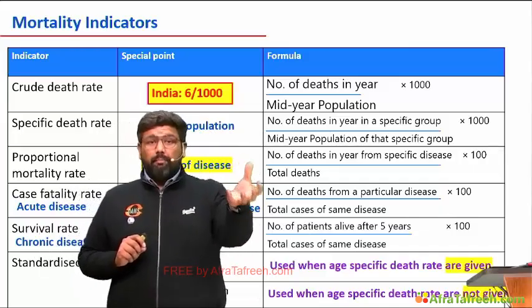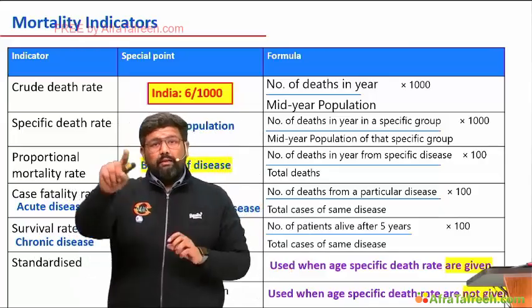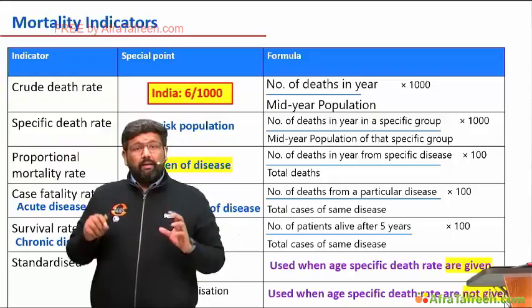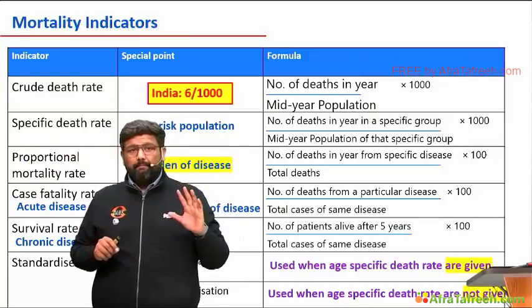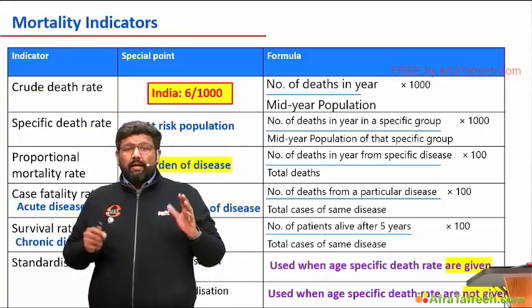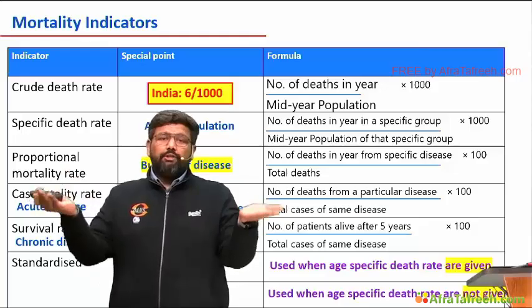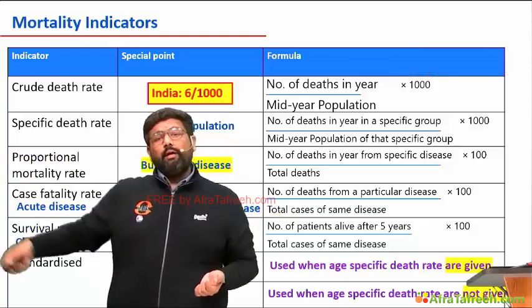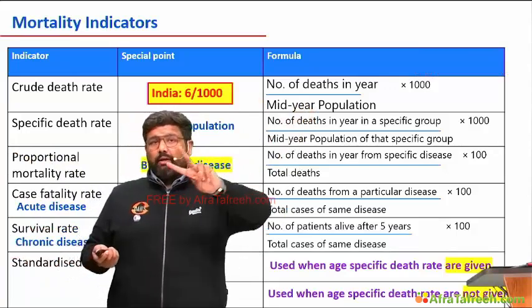Suppose the crude death rate of America is 8 and the crude death rate of India is 6. Technically, as per this example, more people are dying in the US. Can I compare these two? I cannot. Why? Because of different populations. India has more young population. Japan and the US have more elderly population. I cannot compare these two.